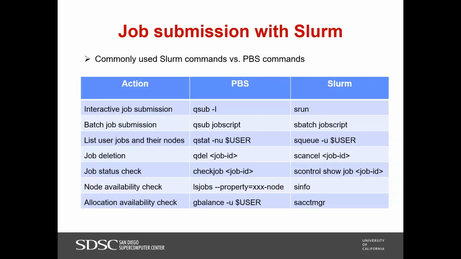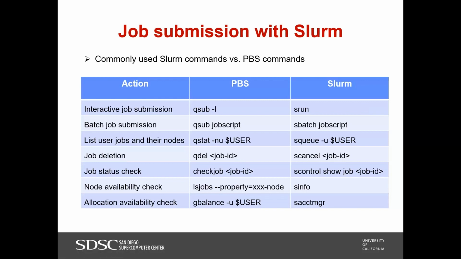So if you're a PBS commands user, you may find that every command you need to submit a job in PBS has a replacement in SLURM, and I just list the SLURM part compared to PBS in this table, and we can just have a quick review of those SLURM commands.